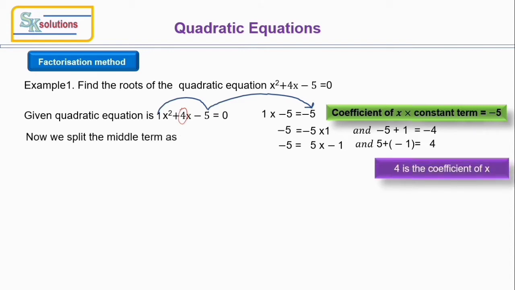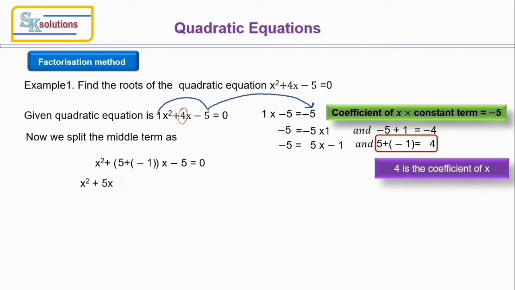Now we will split the middle term, that is 4x, as x² + (sum of these two numbers)x − 5 = 0. What are the numbers? Yes, the numbers are 5 and −1. So we fill up this bracket with 5 and −1.